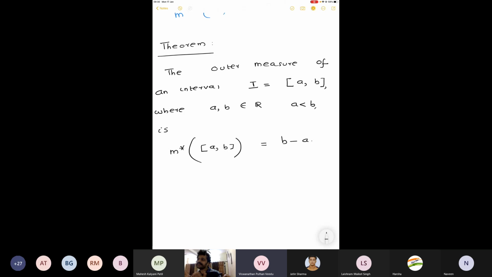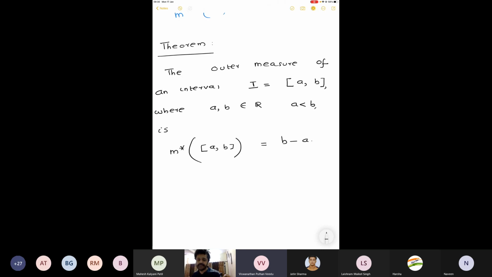Our aim was to get a measure consistent with the length. And length is defined not only for open intervals, it is defined for any interval. So finally, m star of any interval you take should be equal to the length of the interval. We will reach that level. Now we are proving only for a closed bounded interval: m star of [a, b] is equal to b minus a.